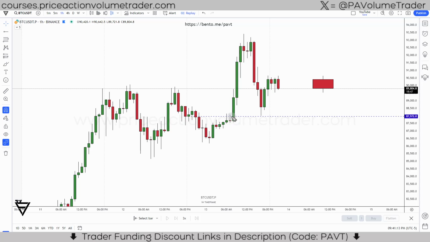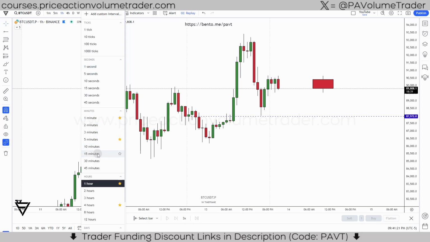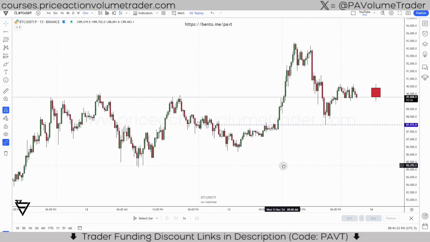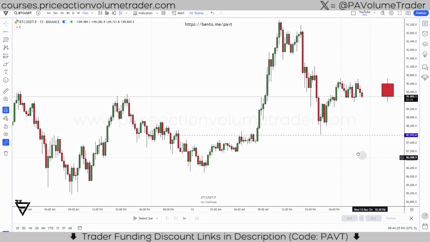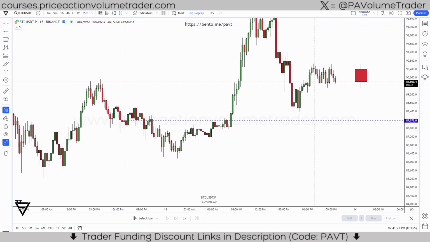And if you caught this early on right here, you can see there was a little stall here. We can even go down into a 15-minute chart. And you can see right here, we dip back down and look at the resistance we're having right at the daily open. And then we have this strong candle here.